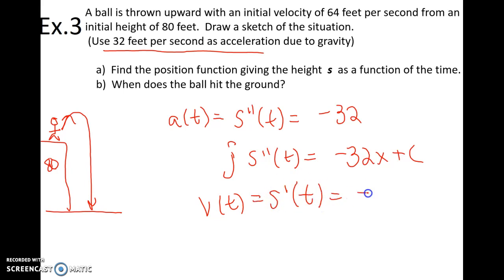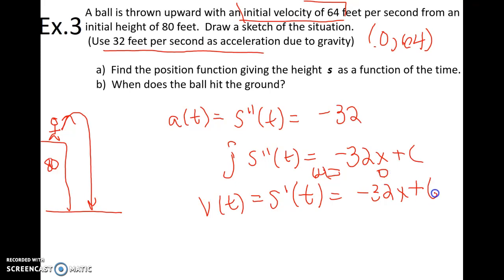We can solve for c because we know that the initial velocity is 64. So at time 0, the initial velocity would be 64. If I plug 0 here and set it equal to 64, I'm going to get my c value to be 64.